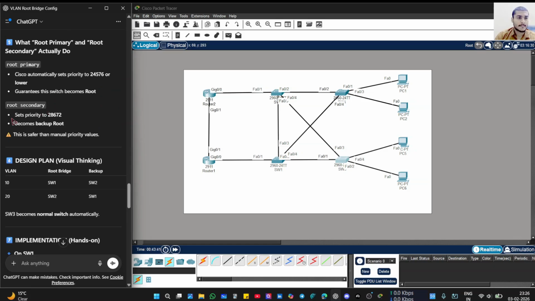So root secondary sets the priority to 28,672. Okay, it became the backup root. This is for what? This is the root bridge secondary, so this is a backup root. Remember that the secondary root bridge is what we call the backup. These are the keywords. If someone is talking about the backup, you have to consider what I'm talking about.